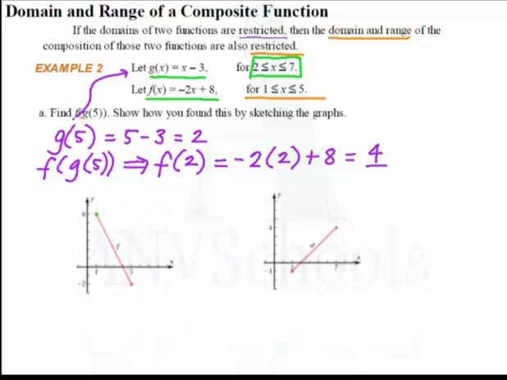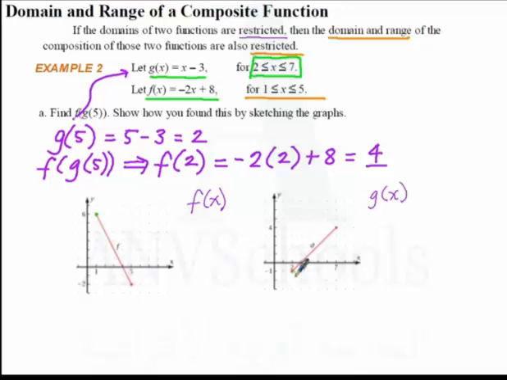So for the restricted domains of 2 to 7 for our g of x, notice this is our g of x, and this is our f of x. Now if our x is equal to 2 for g of x, then our g of x is equal to negative 1.